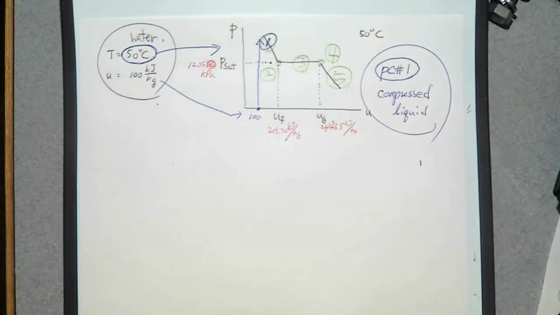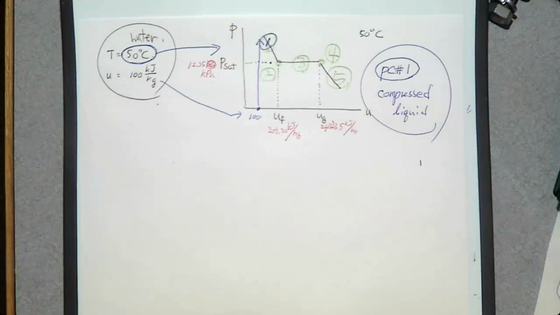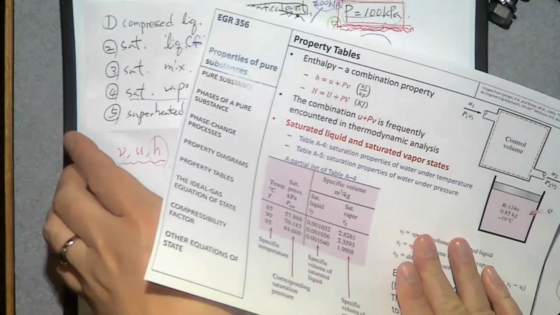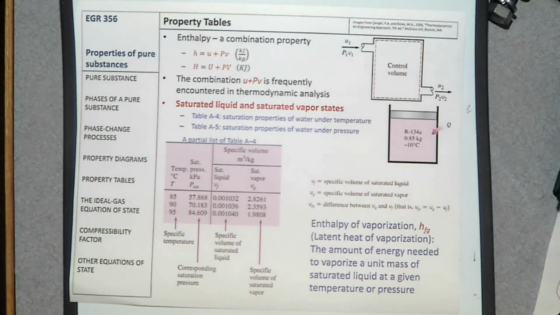Before we go forward, I told you that there are 3 properties that we can use for the horizontal axis: V, U, and H. We know what V is, specific volume. We know what U is, specific internal energy. But H is new, so let's talk about H. H is called enthalpy.